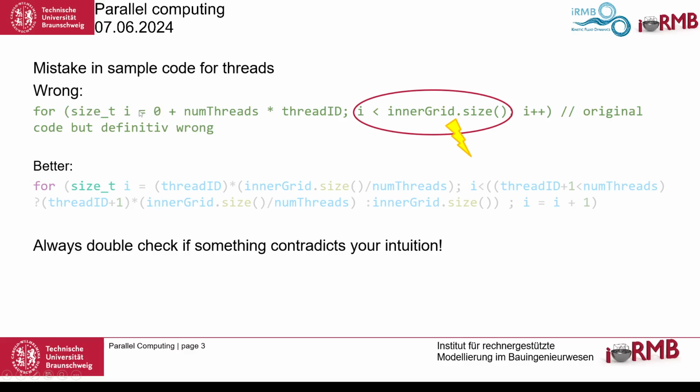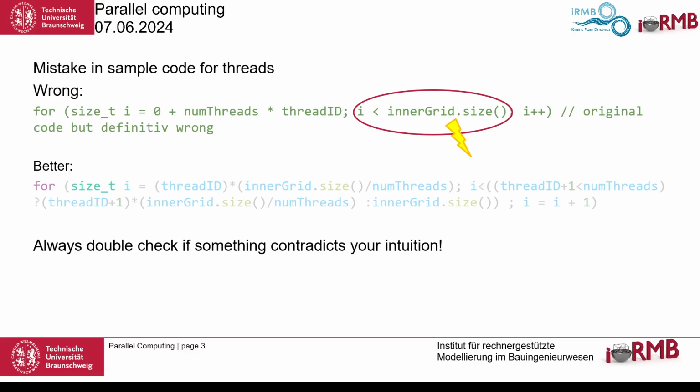loop here, where we looped over an index I, and we started with number of threads times the thread ID, and then we looked whether I is smaller than the inner grid size. And this loop would start depending somehow on what thread it is using, and it would always go to the very end, right?